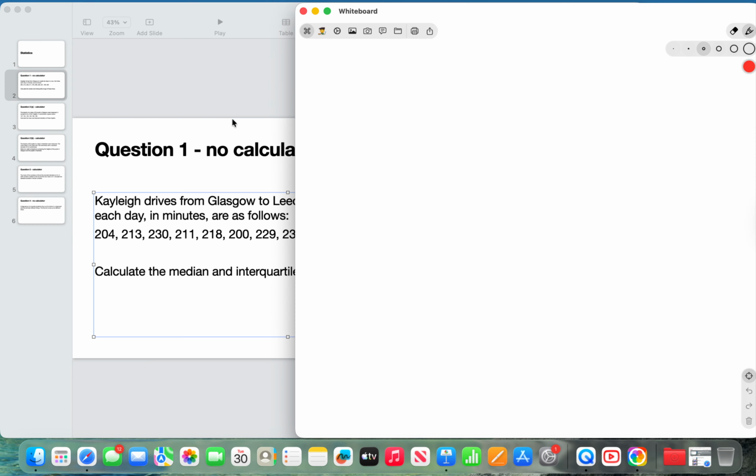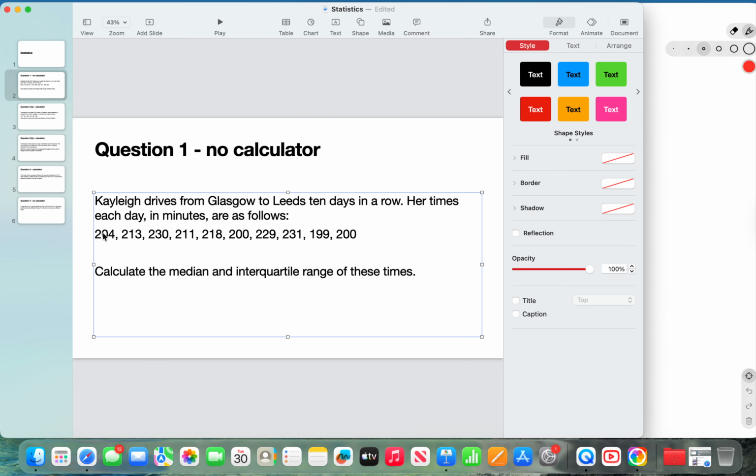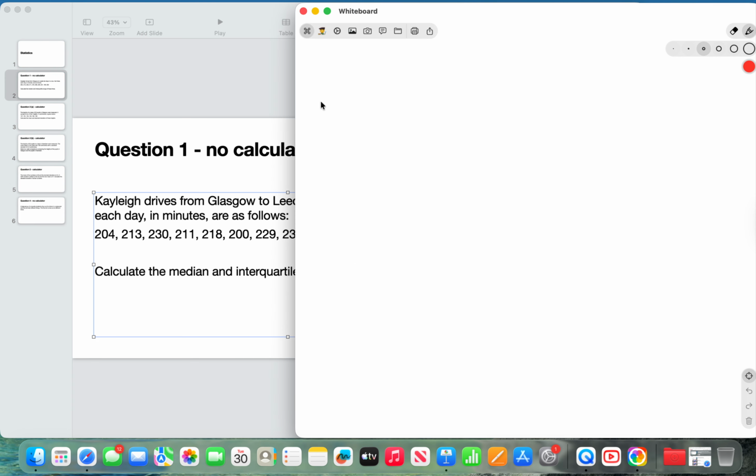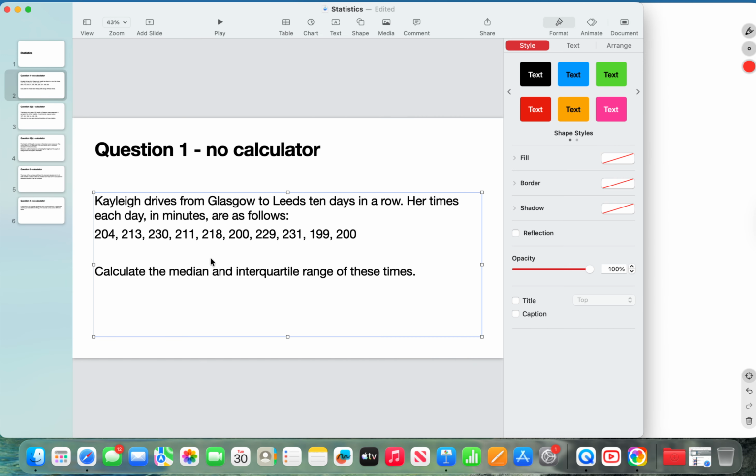The easiest way to do this one is to have a look at the numbers. Any numbers less than 200? Well, 199 is the smallest. All of the numbers are 3 digits, and 199 is the only one that begins with a 1 rather than a 2.